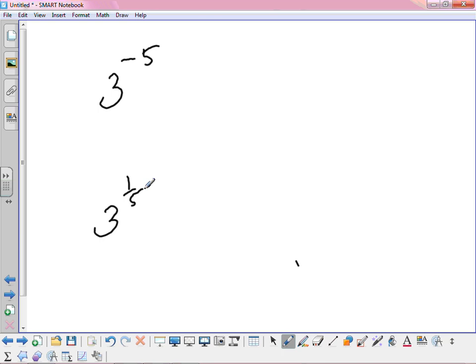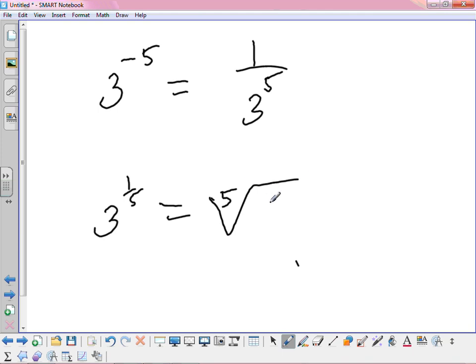Fractional exponents. They both, at some point in the rule of conversion, what happens? Involve reciprocals. 1 over 5 here, and up here, though, is 1 over 3 to the 5th. And this one refers to the 5th root, doesn't it?